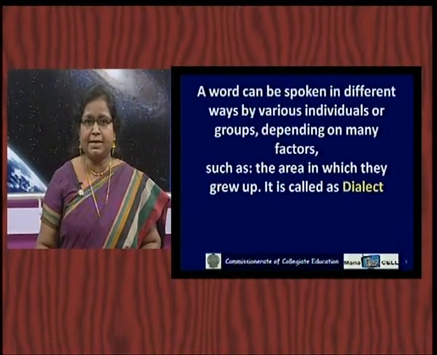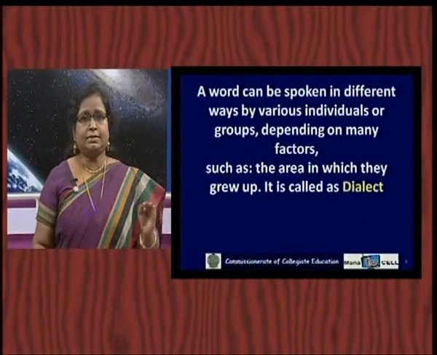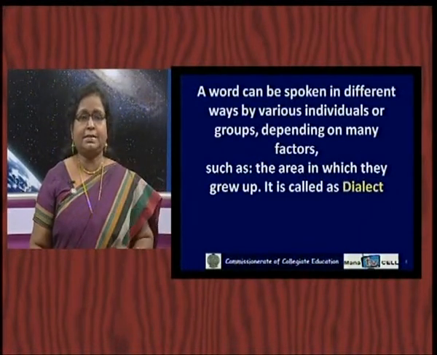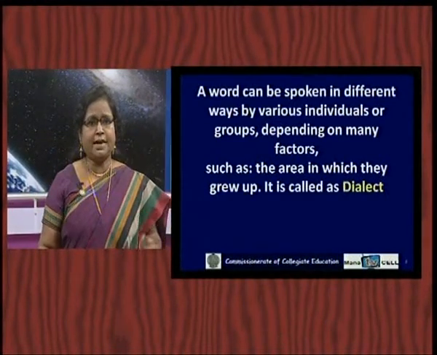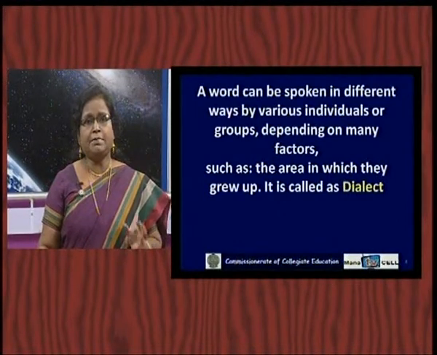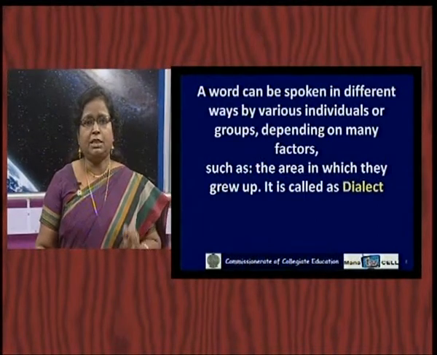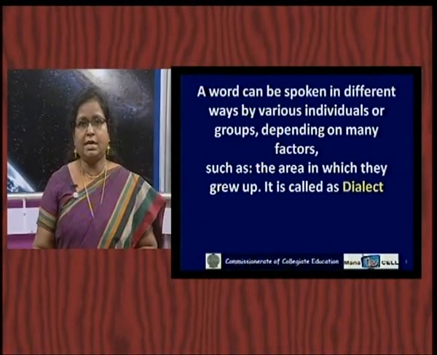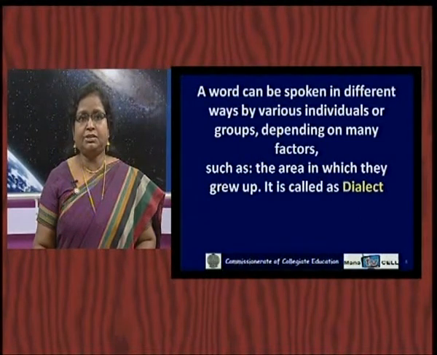If you ask 10 girls to speak the same word, 10 girls will speak the same word differently. So, that is accent. Accent varies from individual to individual or groups also, because a particular group of people living in a particular habitation will all have the same kind of accent depending on many factors such as the area in which they grow up.